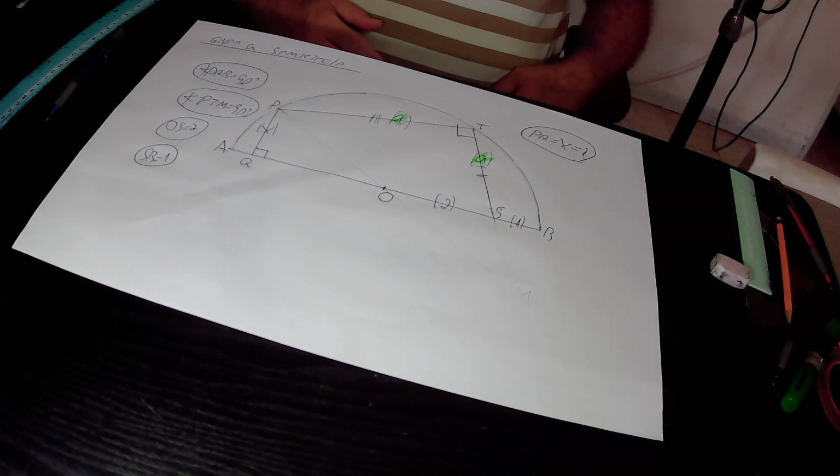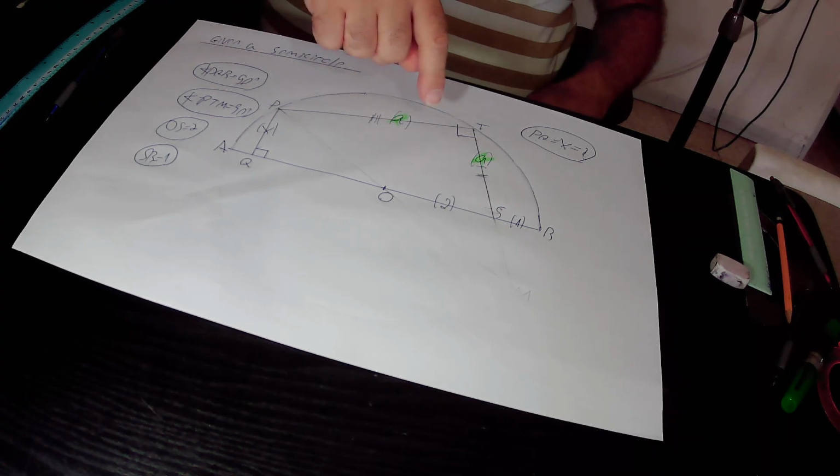So in the first step, we will complete the semicircle to a circle.